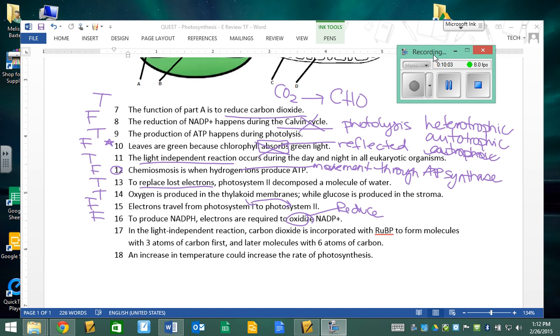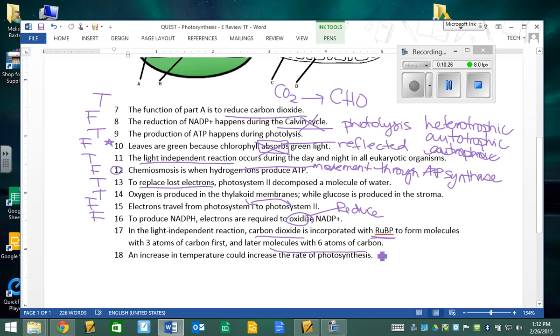Number 17 is a big, huge, long statement. What I want you to recognize is that in the light-independent reaction, so the Calvin cycle, I take carbon dioxide, I combine it with RuBP, that's the molecule that accepts it, and eventually I make things that have 3 atoms of carbon.